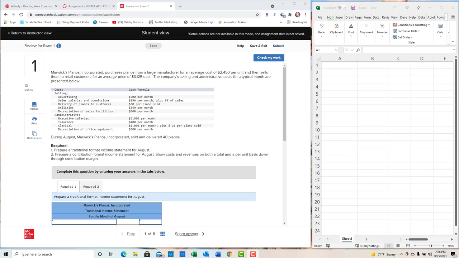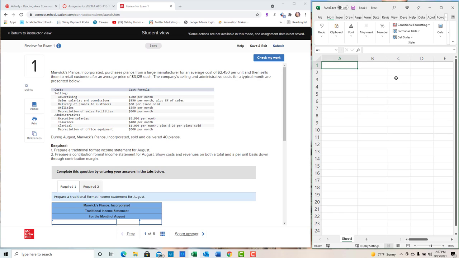So we're going to use the $3,125 to calculate our sales revenue. The company's selling and administrative costs for a typical month are presented below. During August, Marwick's Pianos Incorporated sold and delivered 40 pianos.